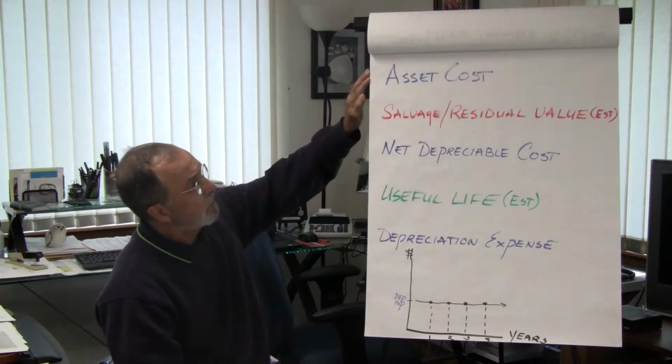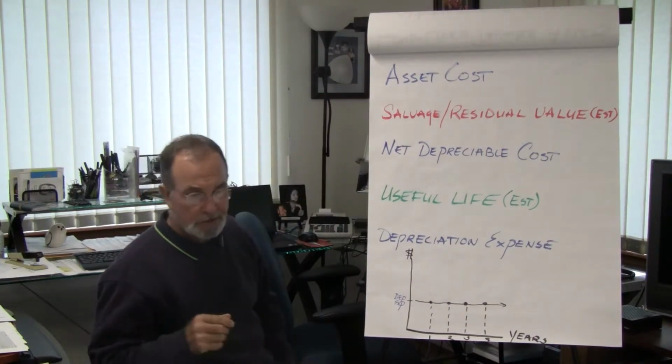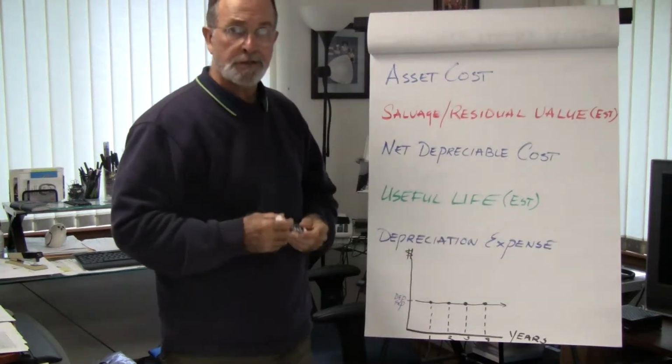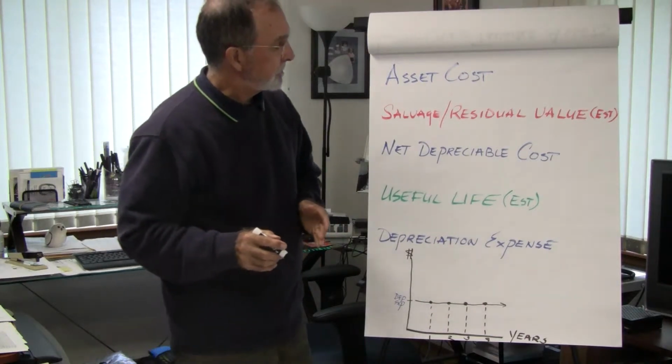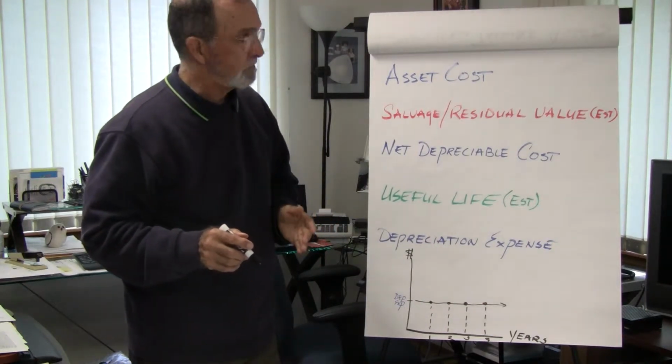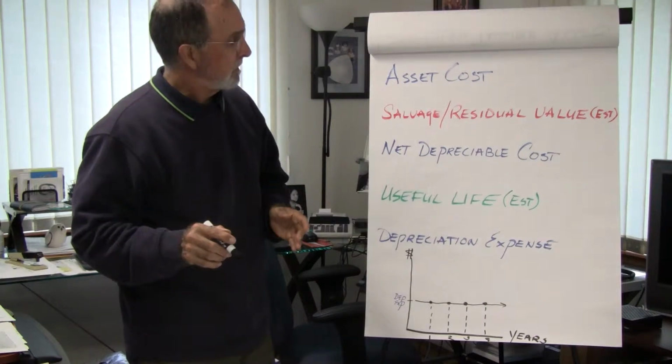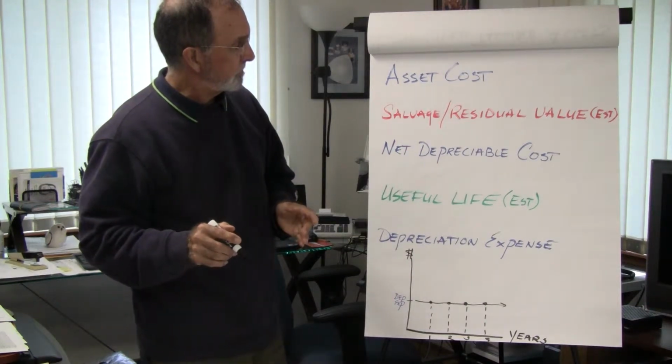Now, our depreciation calculation, and again, this is talking about straight line depreciation, so it's probably the simplest example that we can use for depreciation.